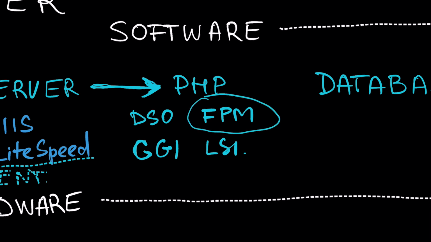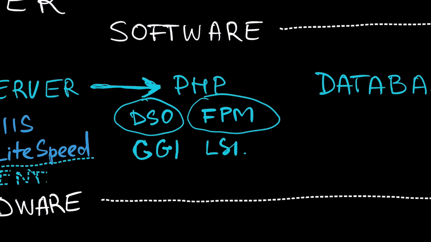You can go for PHP FPM, this way will keep PHP processes running in the memory, and PHP processes will be ready and listening for the connections from the web server.